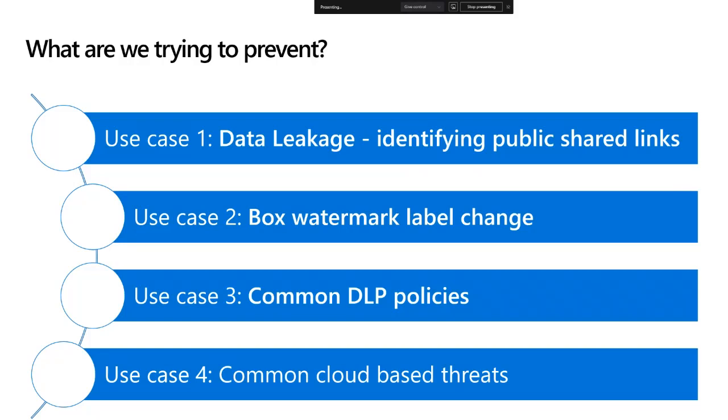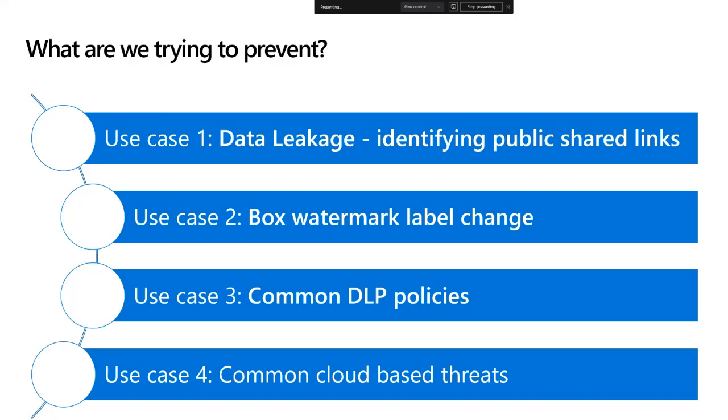So what exactly are we trying to prevent? We have a number of use cases here, the most common ones that we see, and we'll be demoing some of these as well. The first is around publicly accessible links, so making sure that you've configured your file policies to prevent this type of data leakage. The second one is specific to Box, which is detecting a watermark label change.